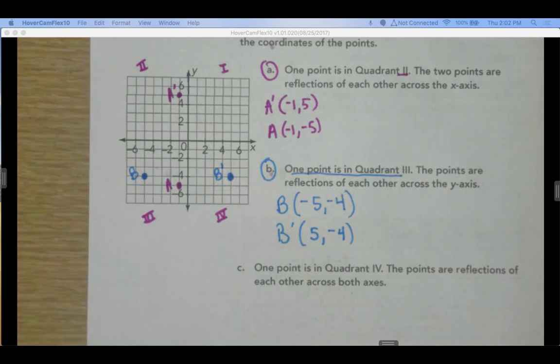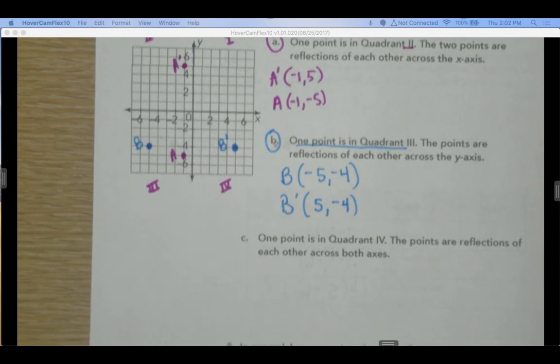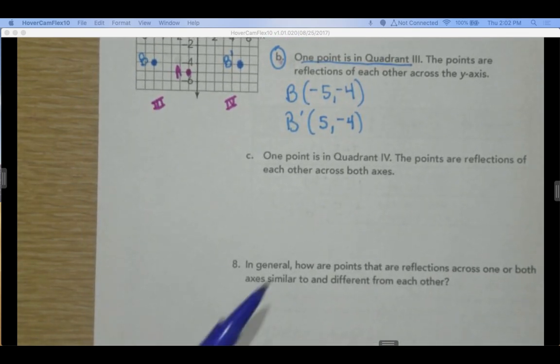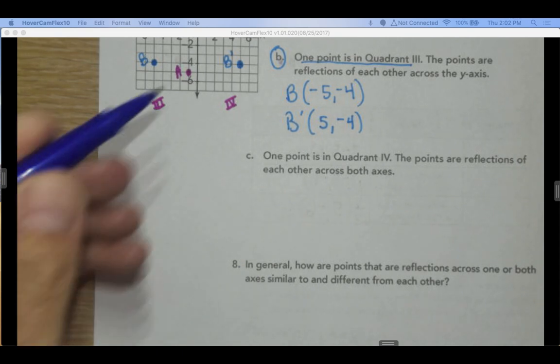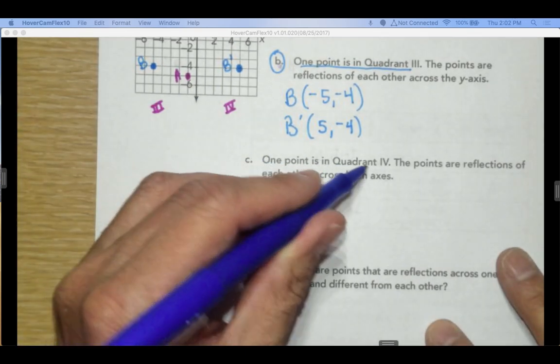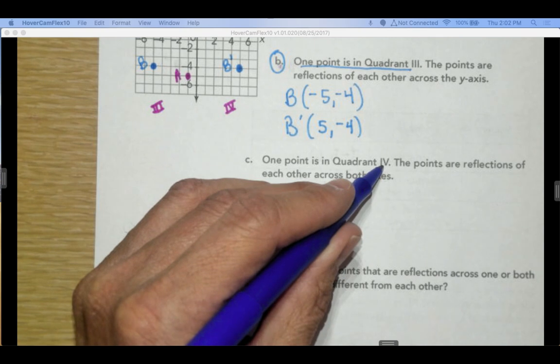Sorry. Last one. I need to get a third color. All right. So now one point is in quadrant 4.